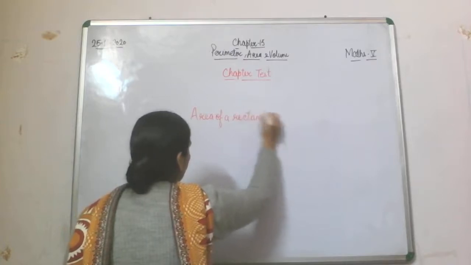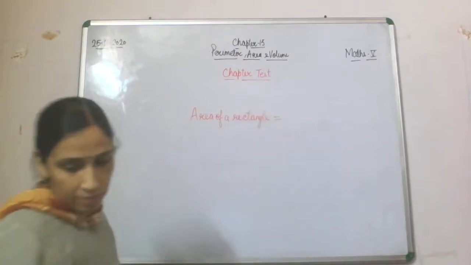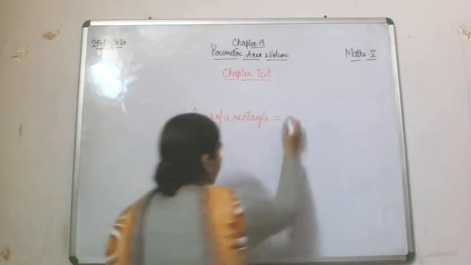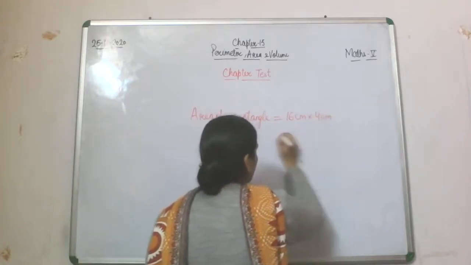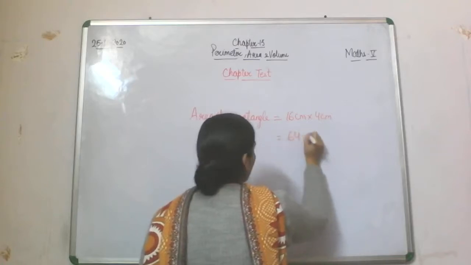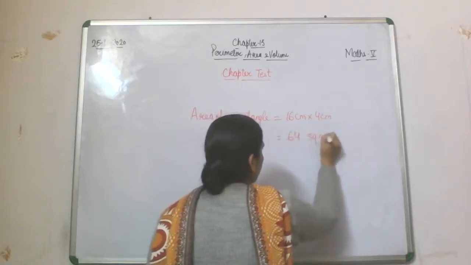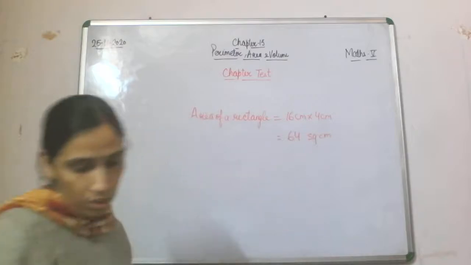What will be the area of a rectangle? Length multiplied by breadth. So here we'll do the multiplication, 16 centimeter multiplied by 4 centimeter. That will become 64 square centimeter. This is your area of the rectangle.